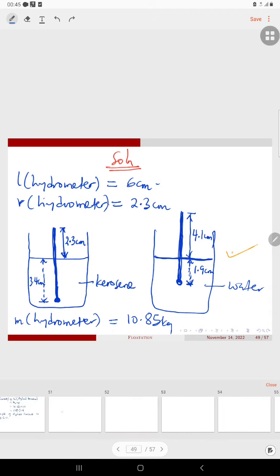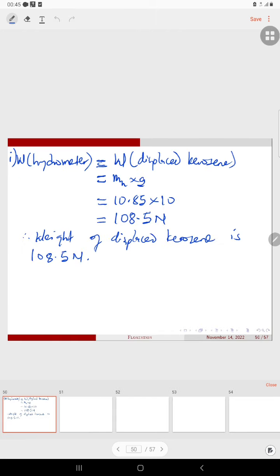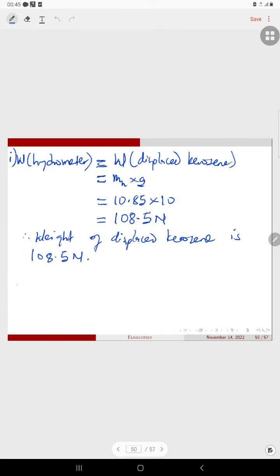Okay, so this is what I'm trying to say. The volume of the submerged part is equal to the cross-sectional area of the hydrometer, which I'll call A, times the length of the submerged part in water.